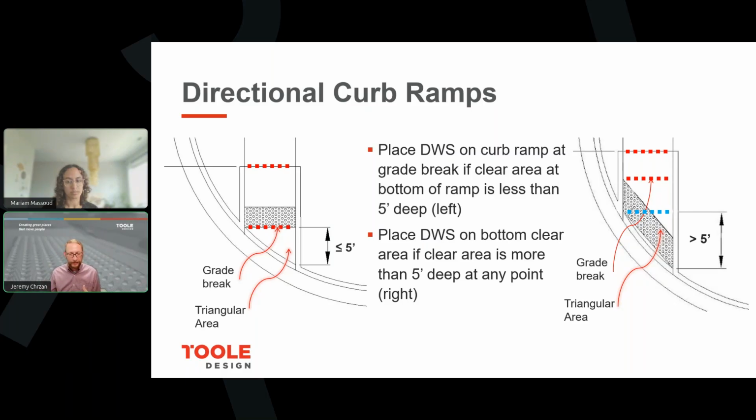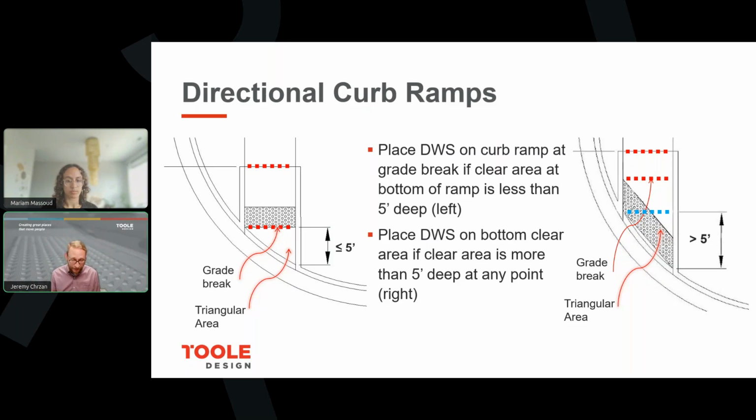Essentially, anything longer than 5 feet is going to be difficult for a pedestrian to understand the condition and isn't clearly communicating where the edge of the vehicular space is. So it requires that those detectable warnings be radial or pulled out adjacent to the back of curb.